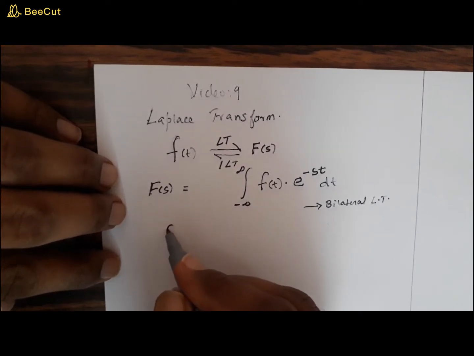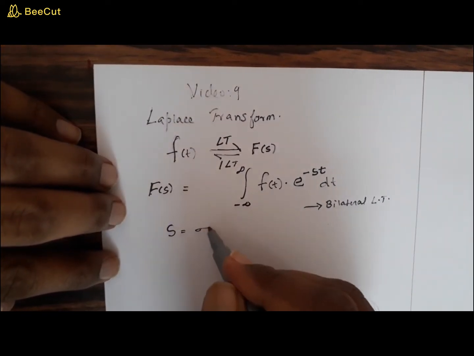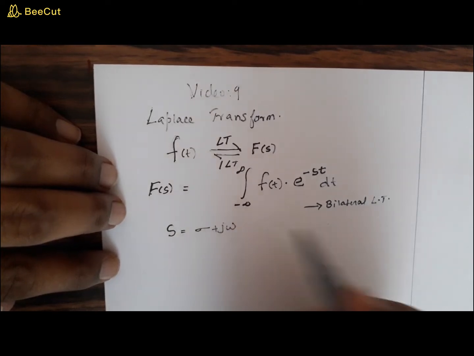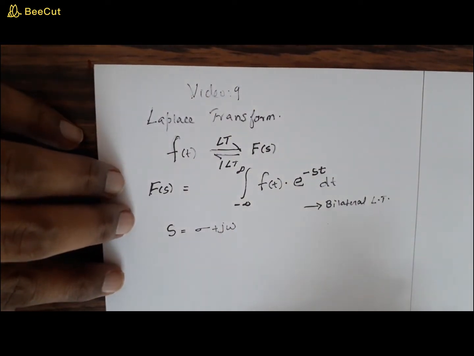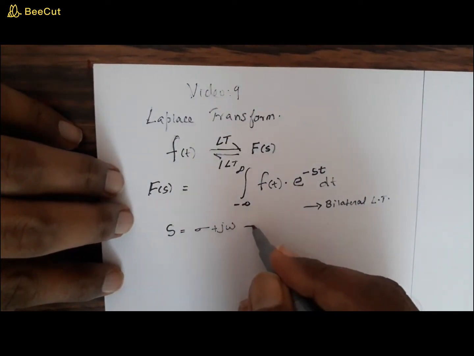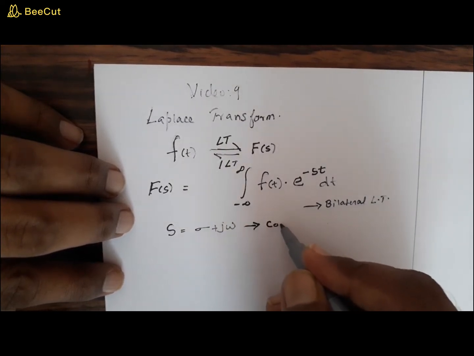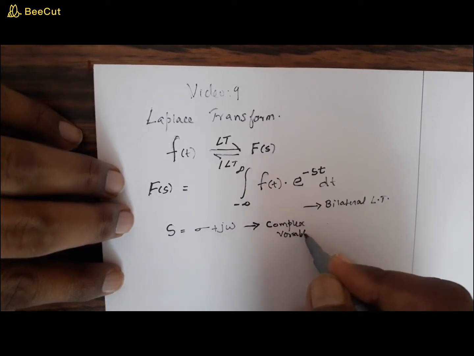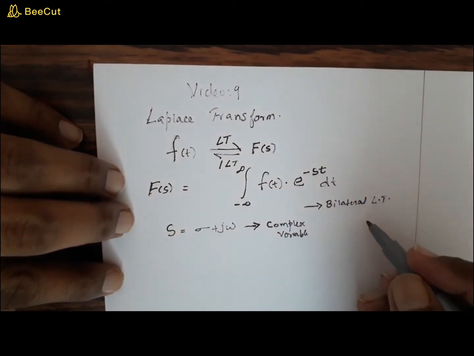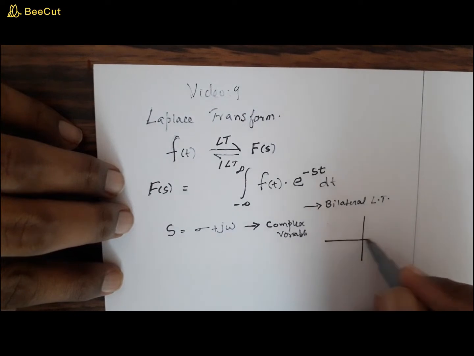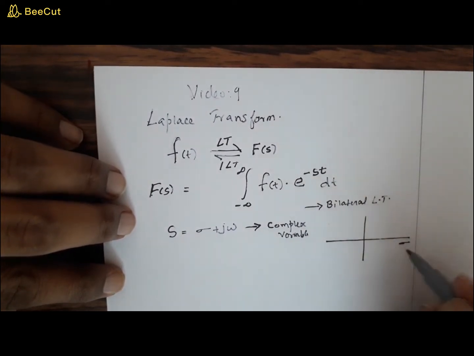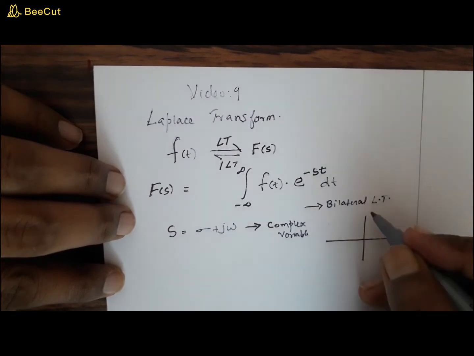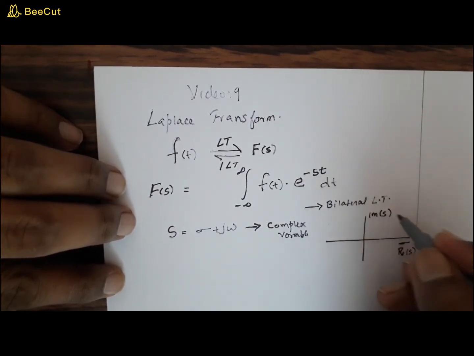Okay. Now let's have something about s. What is this s? s is defined as sigma plus j omega, right? So the speciality of this one is that it is a complex variable. That means this s also represents a complex plane which consists of a sigma part, that's the real part, or real of s on this axis, and this is the imaginary of s, or we call this the j omega axis.